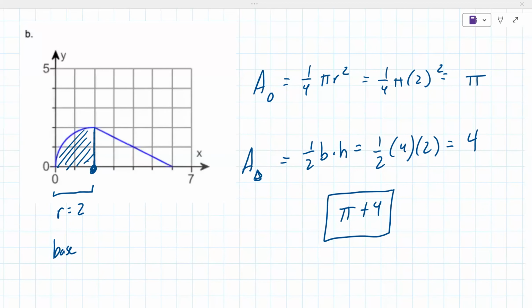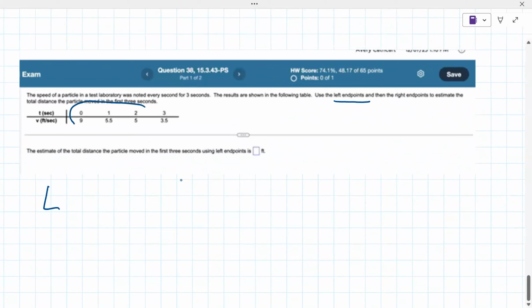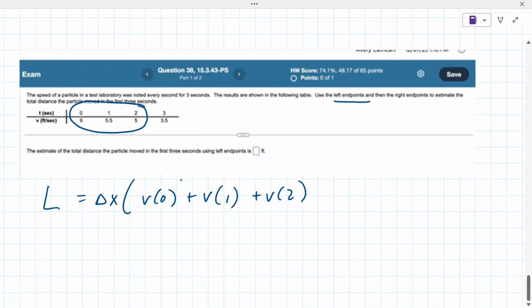Okay, so the next problem I have is 38. All right, so it says use left endpoints here. This is actually a lot like the one that we were doing earlier. It's delta x times v of 0 plus v of 1 plus v of 2. Is delta x the width between the endpoints?